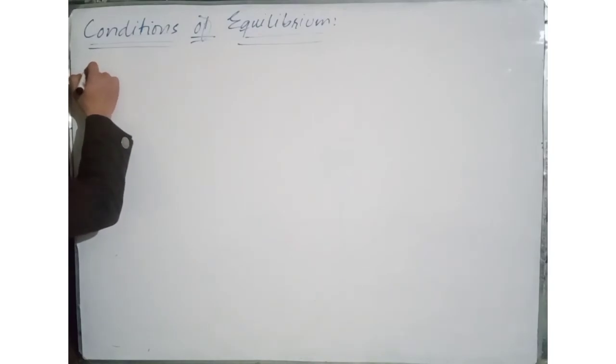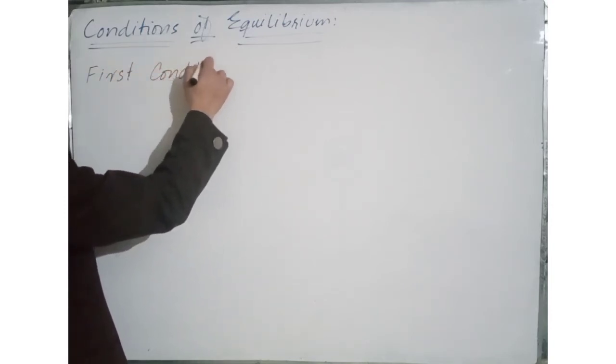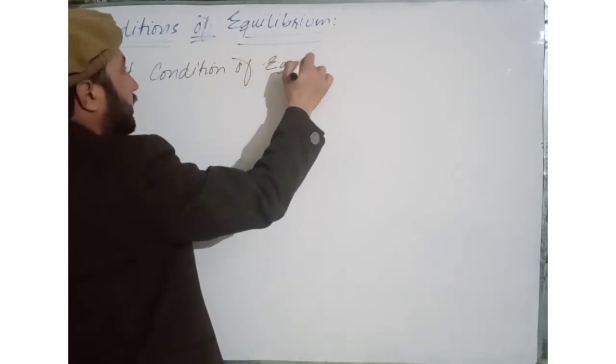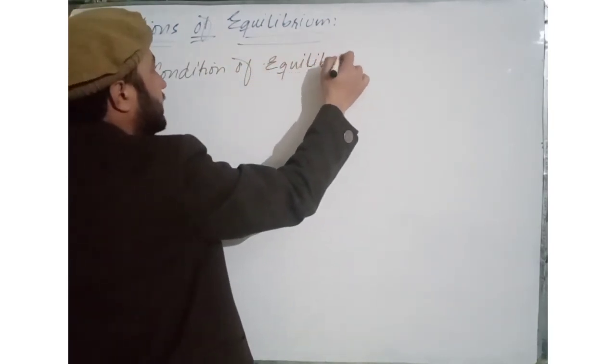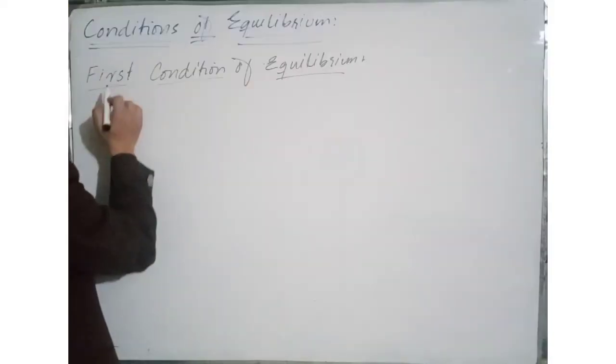The first condition is what we call the first condition of equilibrium. So what is the first condition? How are we going to maintain equilibrium?